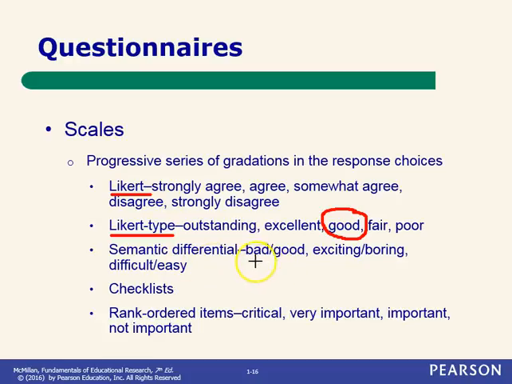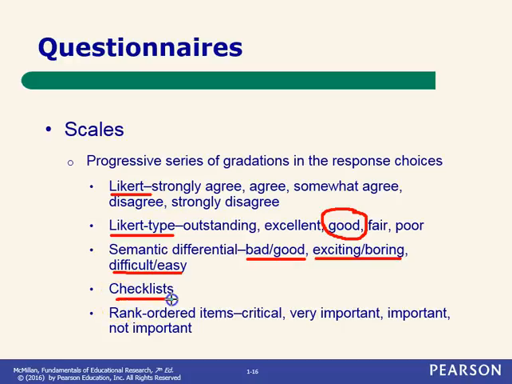And so we've got two things that rest in binaries here: bad versus good, exciting versus boring, difficult versus easy. In a semantic differential scale, we remove any sort of neutral, we remove any sort of gradient between one side or the other. Things are either bad or they're good.